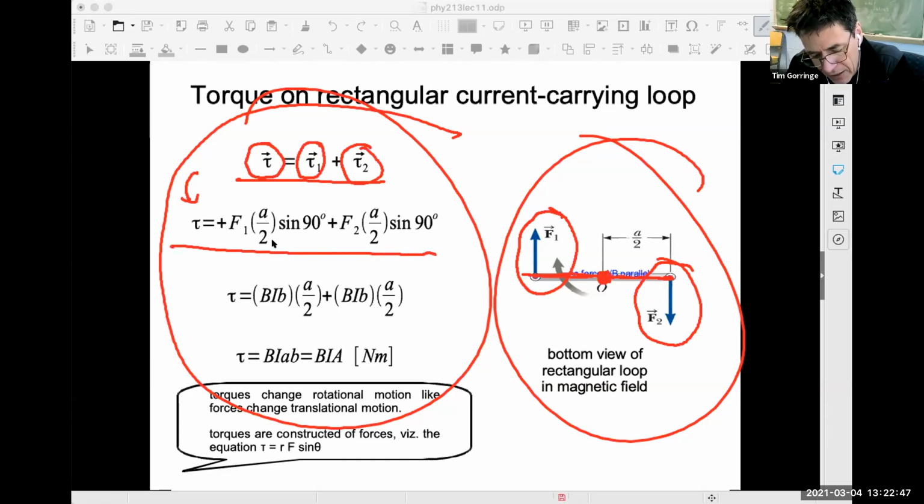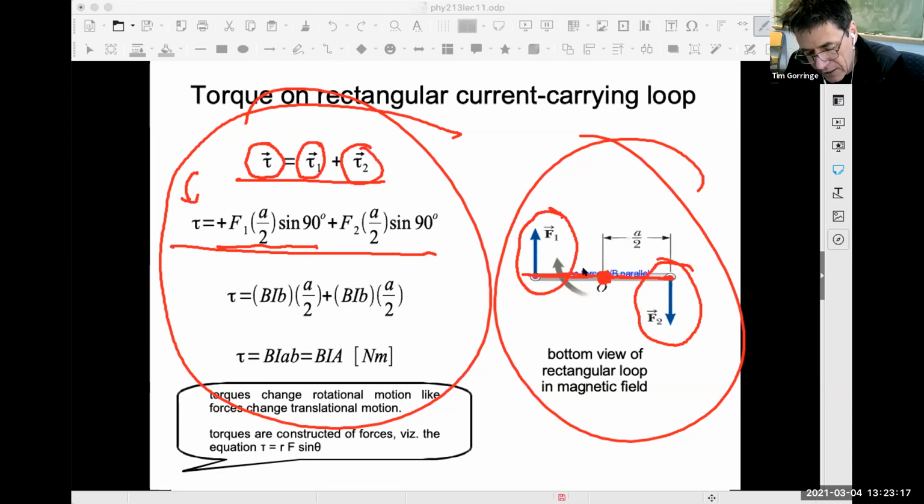And I'm filling in the definition of torque in terms of force. If you remember, the torque due to a force is the size of the force times the distance the force is applied from the axis of rotation times the sine of the angle between the direction of the force and the line drawn from the axis of rotation to the point where the force is exerted. So if you think of that for force number 1, here's its strength, represented by this arrow.